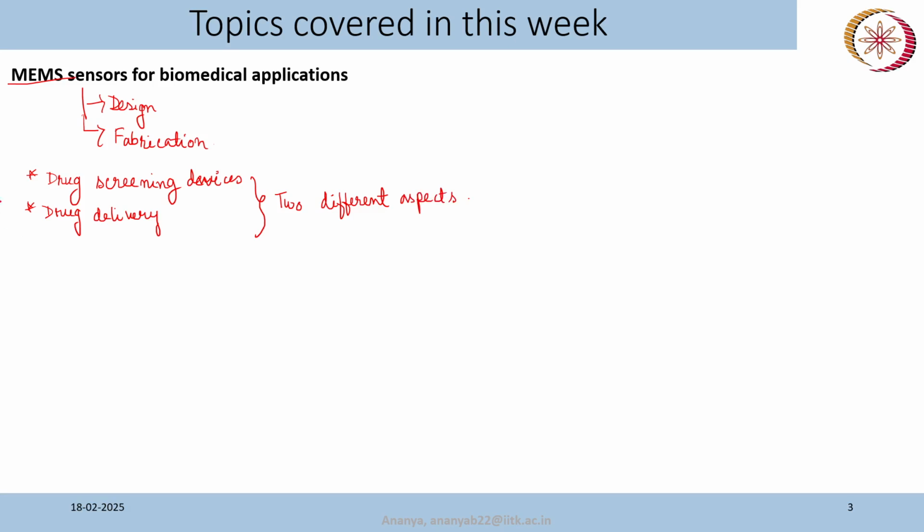Now one thing you should keep in mind: if you are designing a MEMS sensor for biomedical application, or any sensor for biomedical application, precision is very important, because you cannot compromise with the precision of these sensors, because these are for medical purposes. So your sensor has to be very precise and accurate. It usually involves a lot of research and design, fabrication, and testing and verification.